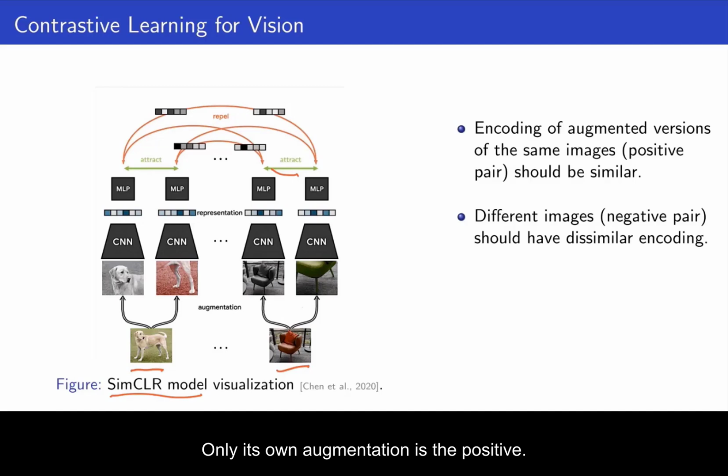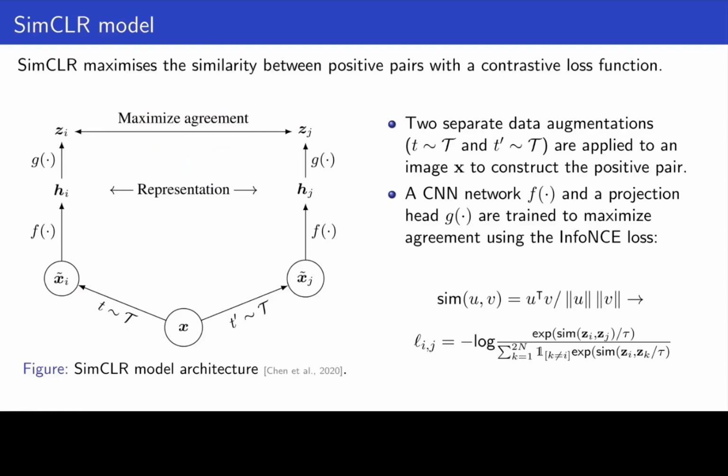Only its own augmentation is the positive. For this example, they show images of two different classes, but in the original SimCLR model, also other instances of the same class, for example another dog image, will be denoted as a negative sample. So as you can probably guess, this contrastive objective is enforced with a softmax similarity loss function, which we will have a look at in detail in the next slide.